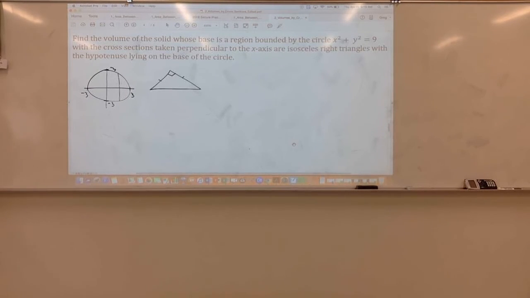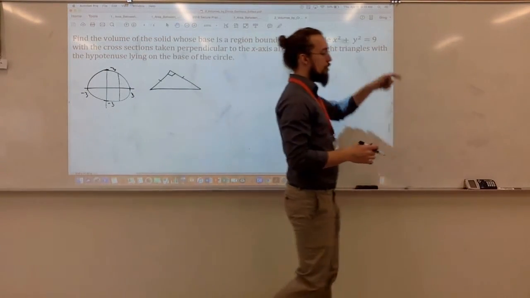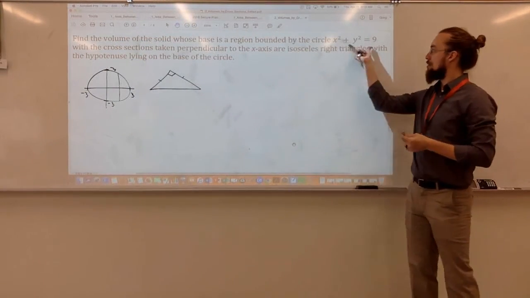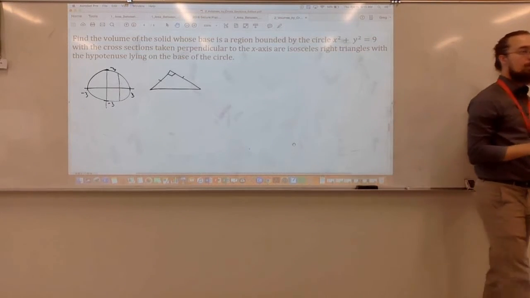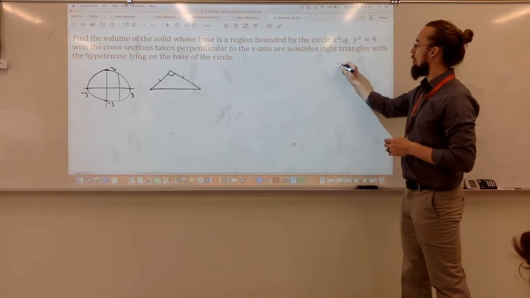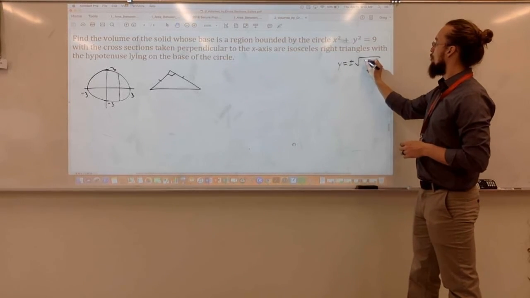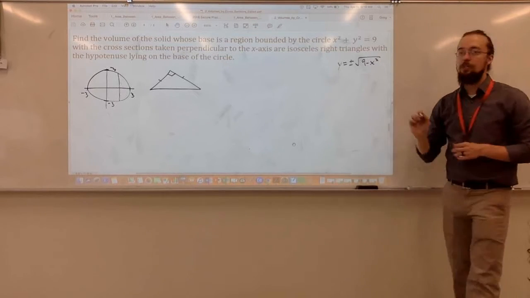That would be one way we could think about it. We could think about splitting this up into two pieces. But we could also think about, well, in order to write this as a function, we would need to solve for y, right? So if I solve this for y, we would end up with y equals plus or minus the square root of 9 minus x squared.